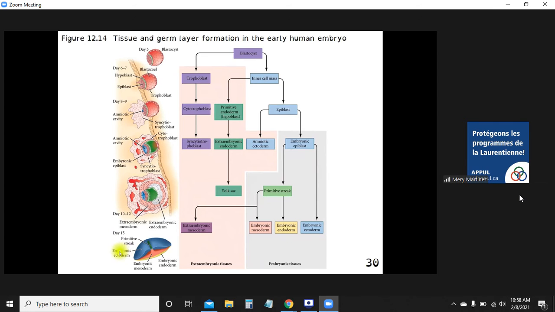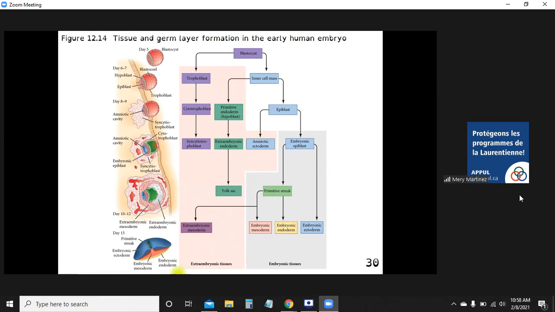Day 15, or 12 to 15, I should say, gastrulation will take place, and this is what we have seen in here with the node, that this is the primitive streak, okay? The epiblast is split into the amniotic ectoderm, okay, which circles the amniotic cavity. We're gonna see it in a different slide. Okay, and the embryonic epiblast.